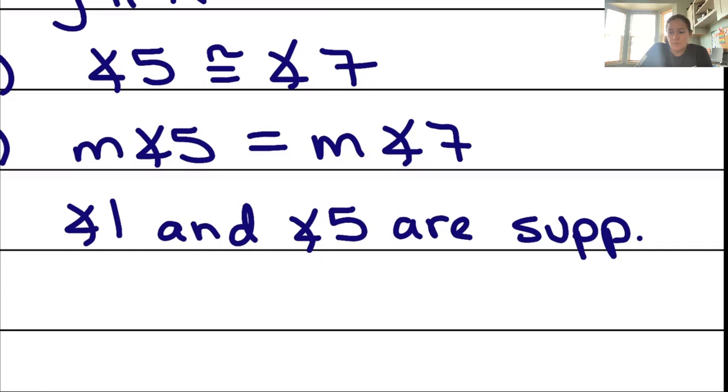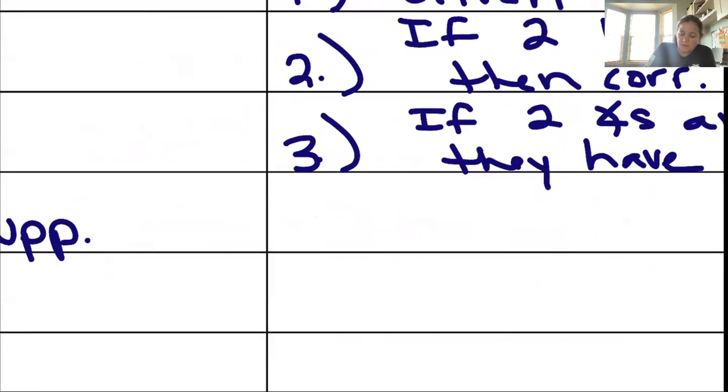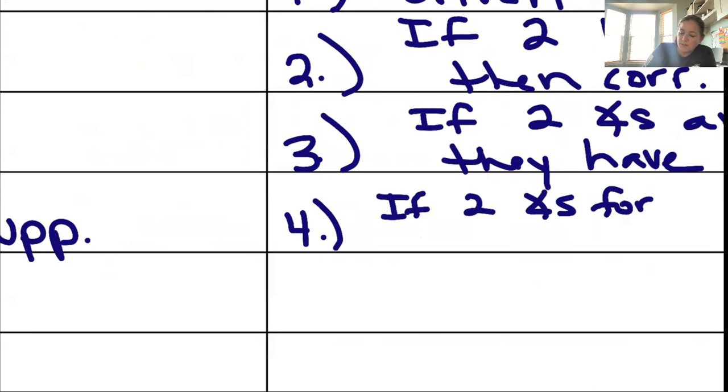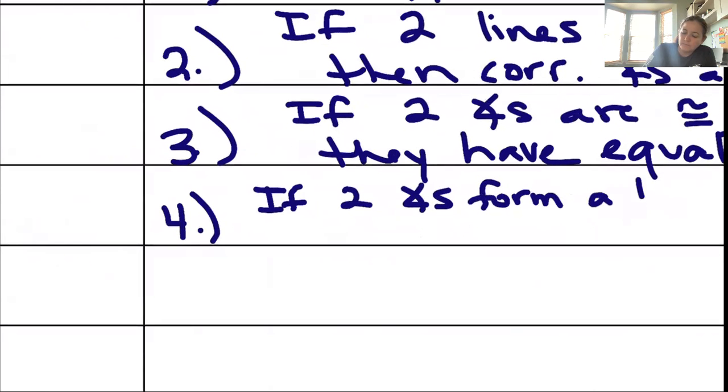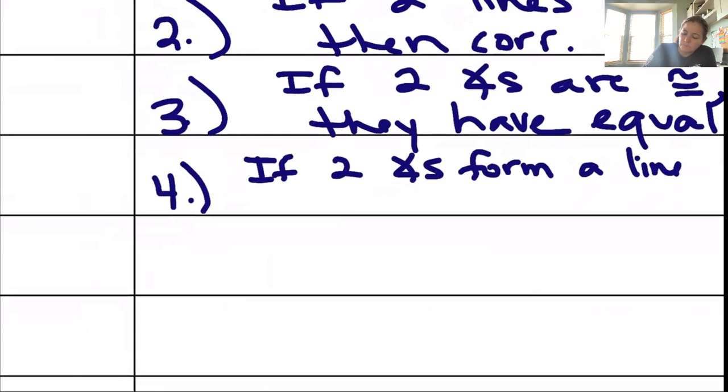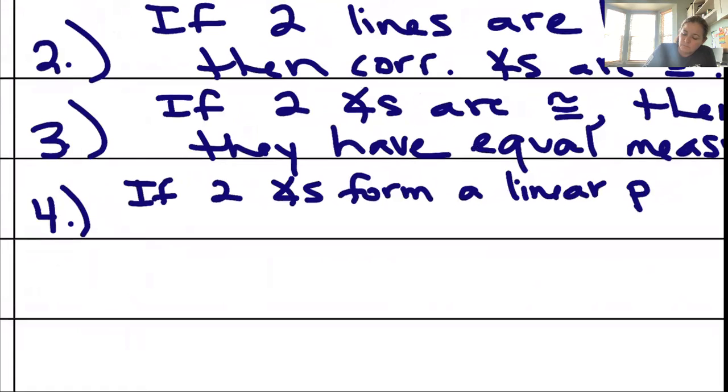And that is using your linear pair theorem, which is on the back sheet. So if two angles form a linear pair, then they are supplementary.